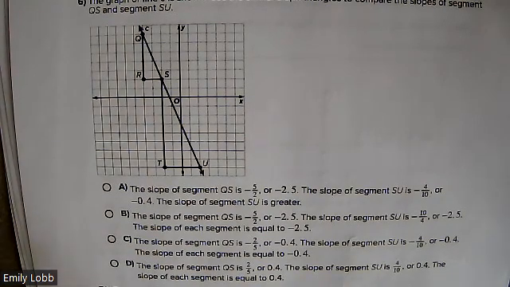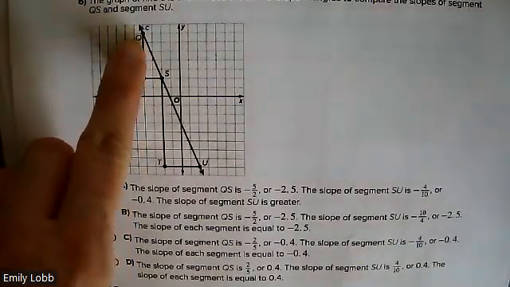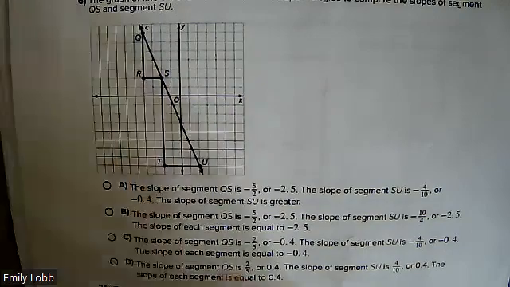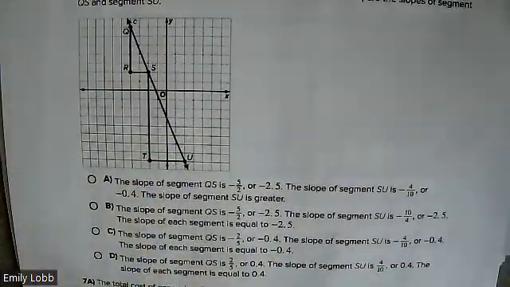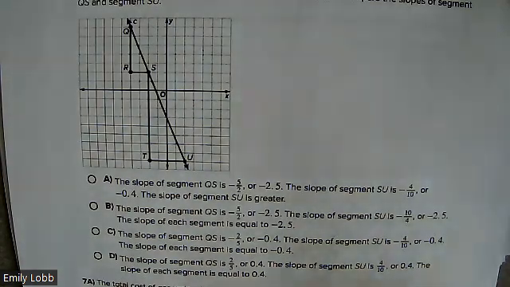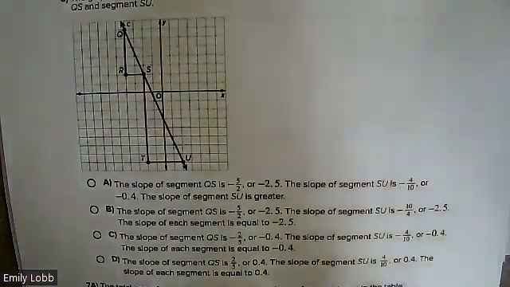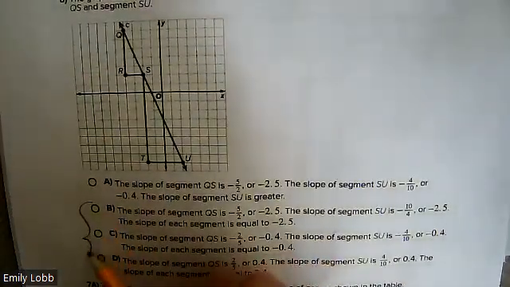So maybe figure them out. What is your rise divided by your run? The slope should be both equal to the same thing, right? I think these three say that they're equal.